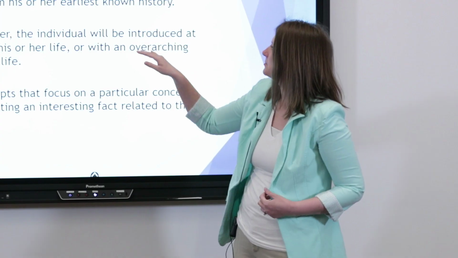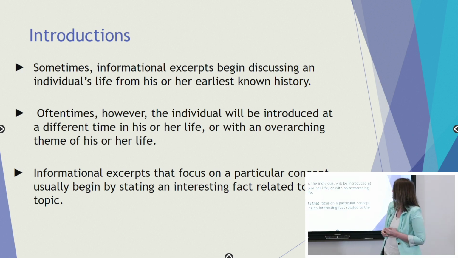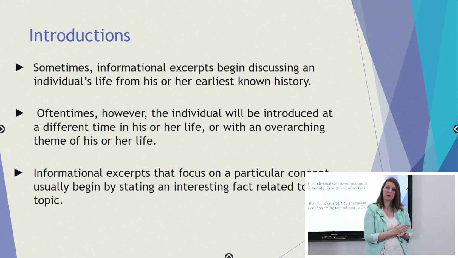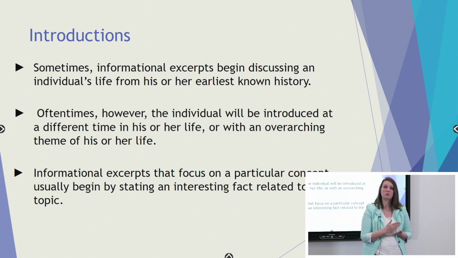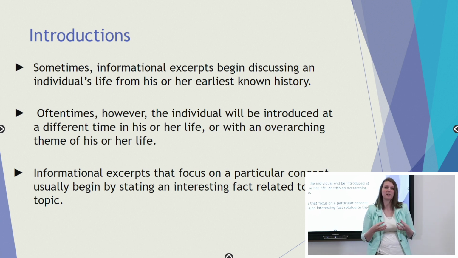Okay, so sometimes informational excerpts begin by discussing an individual's life from his or her earliest known history. If they don't know their birth date, then they will go to the closest date to that. So the very first date that they can find proof on, okay? Or it could be just a different time period of their life.